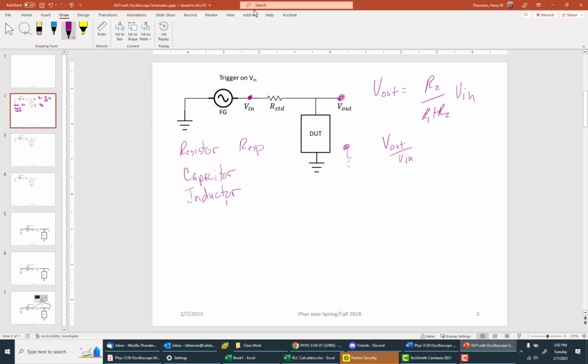Because we know that an inductor has a value called L that goes with it, and it's expressed in henries, and that's not an ohm. And when we look at our voltage divider equation, we expect something to be in ohms.